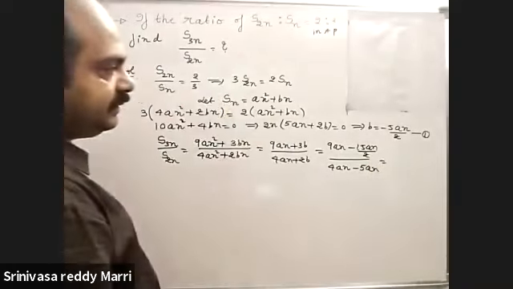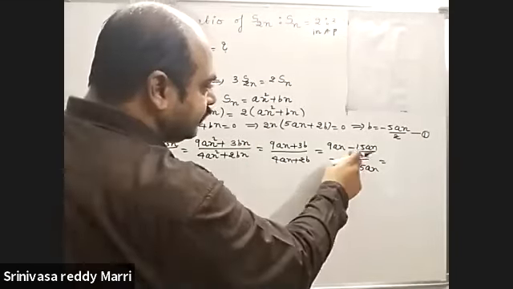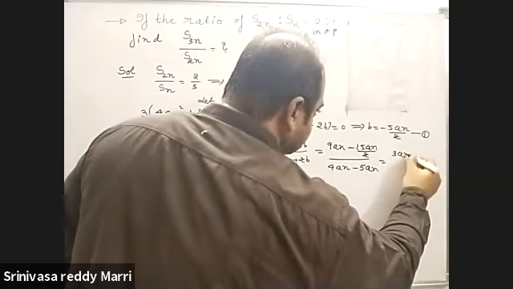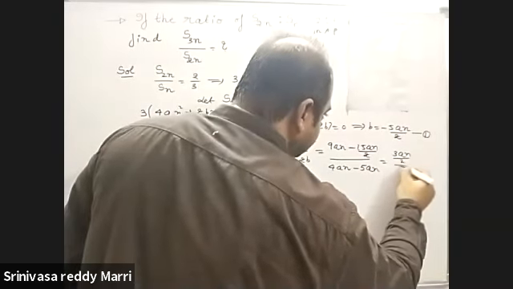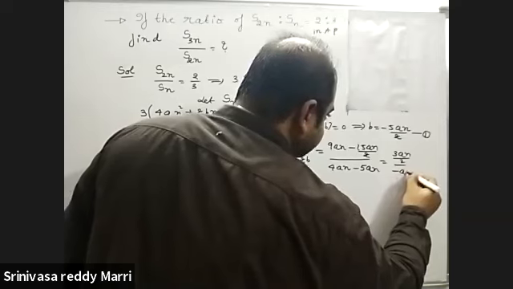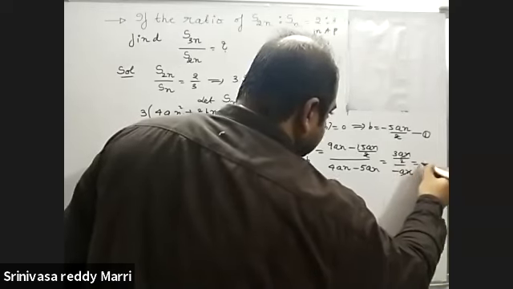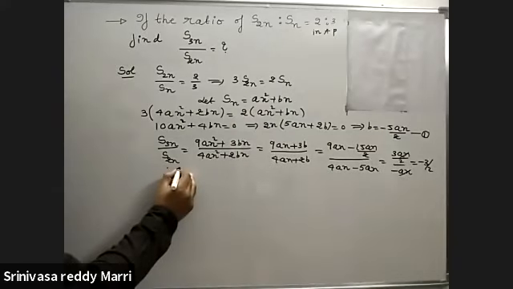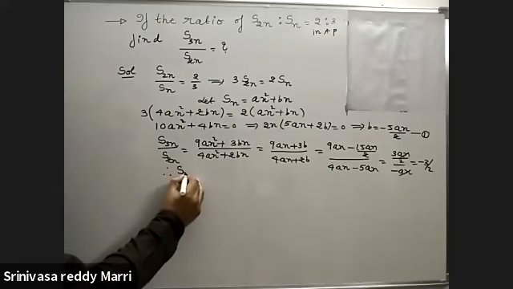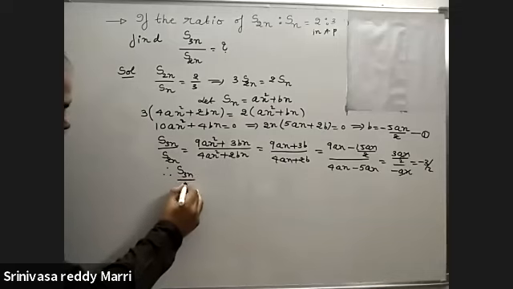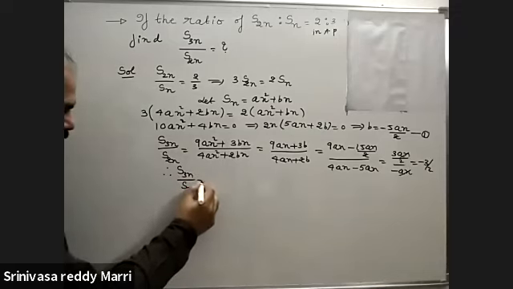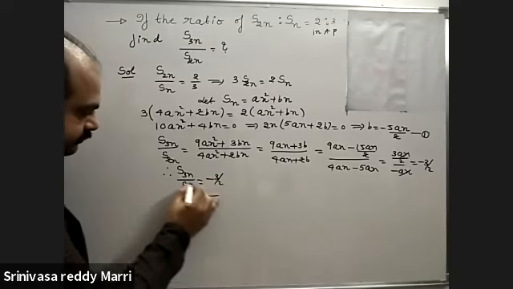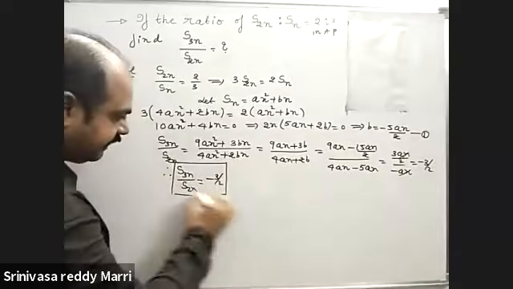If you take LCM, 18an minus 15an gives 3an by 2, divided by minus an. That means you got minus 3 by 2. So the required ratio is minus 3 by 2. This is the required answer.